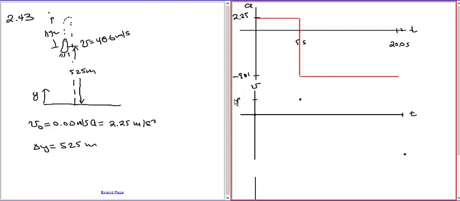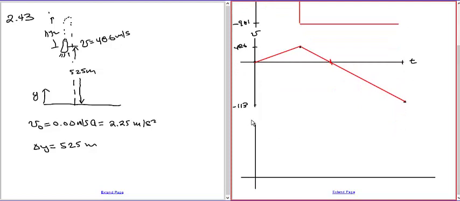This is 48.6. This is negative 113. If I draw a straight line from there to there, the slope of this line is 2.5, and then I go that way, the slope of this line is negative 9.86. What's happening here is that's where the peak is. And then it starts to fall, and then it accelerates.